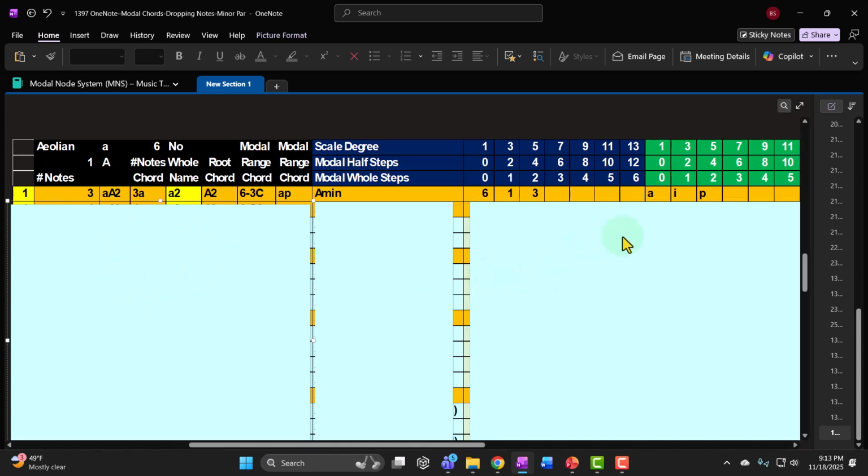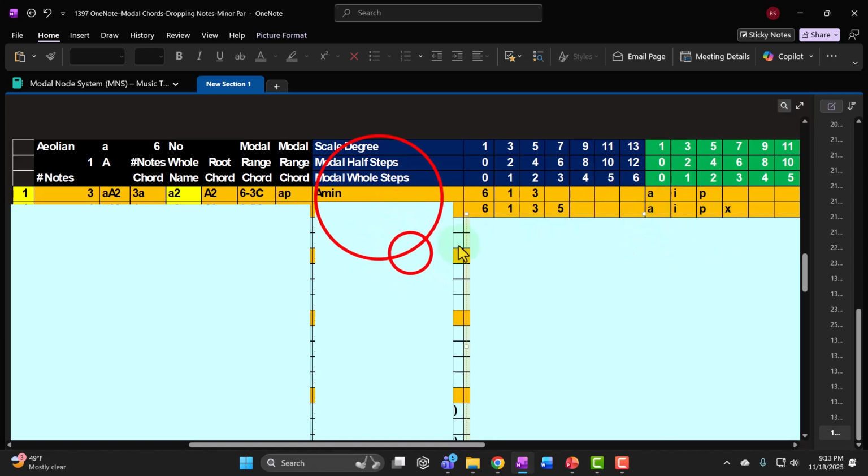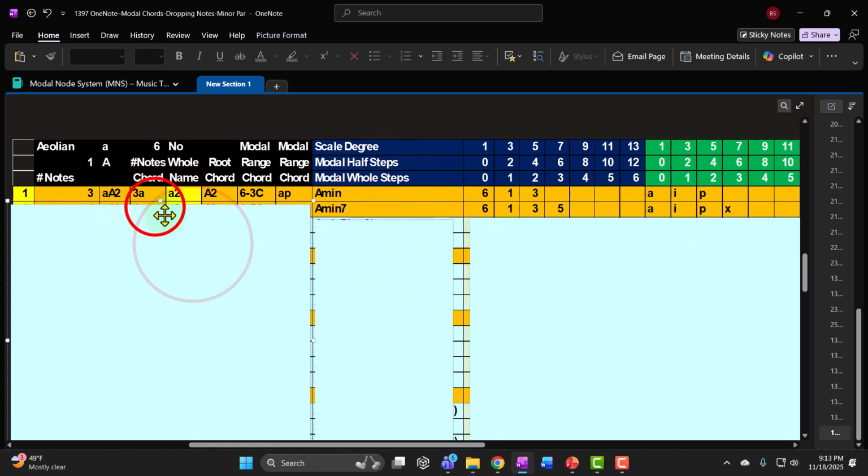Now, if I have a triad, I can't really drop anything without making it a 2-note chord, which isn't technically a chord depending on your definition of a chord. So let's skip that and say we're going to add the 7. If I add a 7 to an Aeolian chord, it would be an A minor 7. So it's a 4-note chord here. The 7 is, in essence, a distance term, but measured in scale degrees.